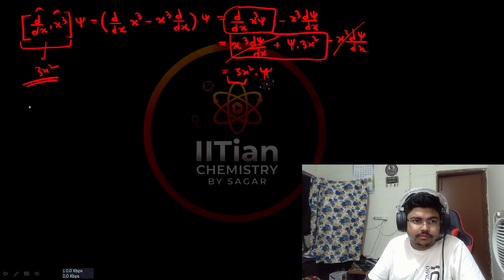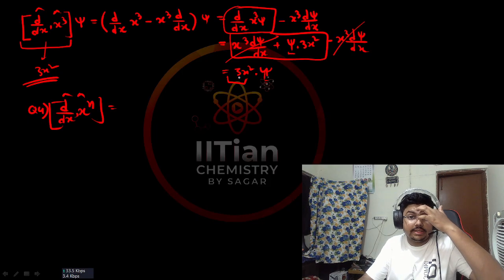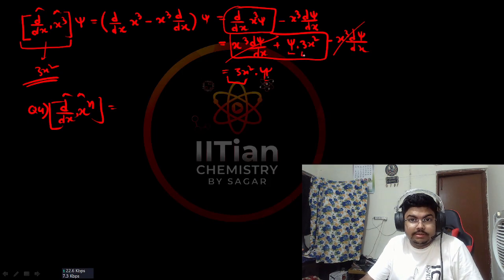So question number 4, if I give you d/dx comma x to the power n, this is an operator, then what will be your answer? Ultimately what will remain? This psi and psi will cancel out from both sides. This is basically the first order differentiation of that function, isn't it?